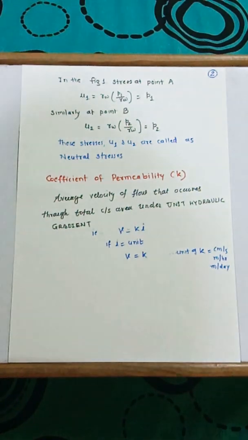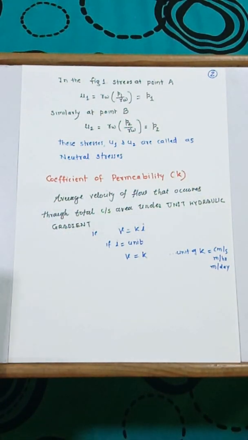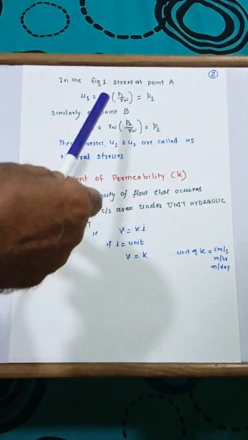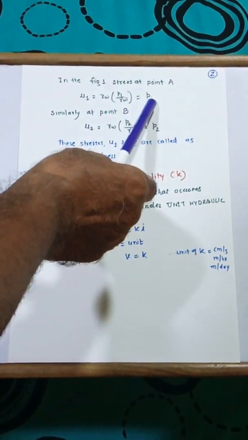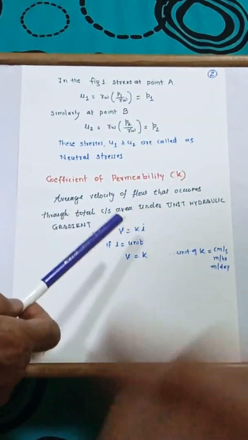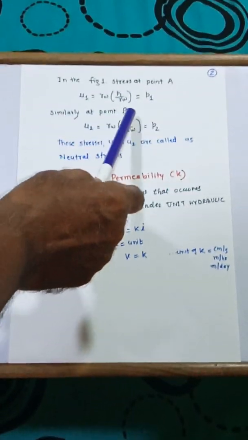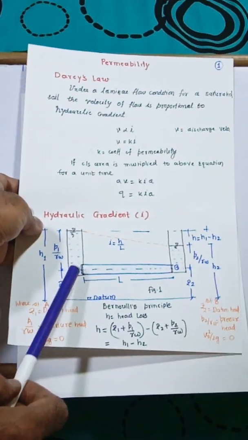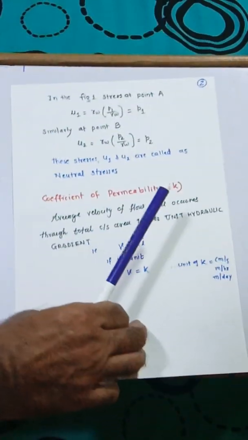In the same figure you'll find the stress at point A. The stress at A is nothing but the pressure head multiplied by gamma w, and this is nothing but u1. Similarly the stress at point B is the pressure head at B multiplied by gamma w.